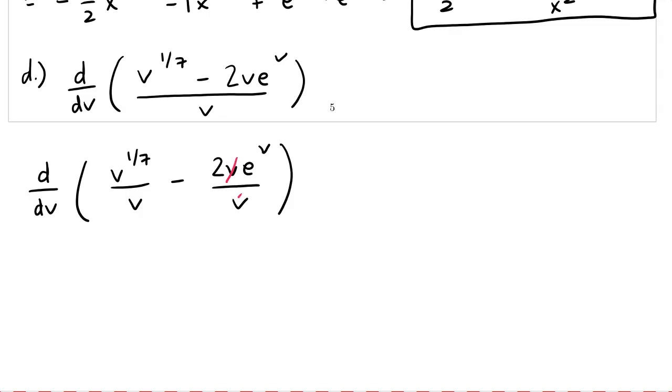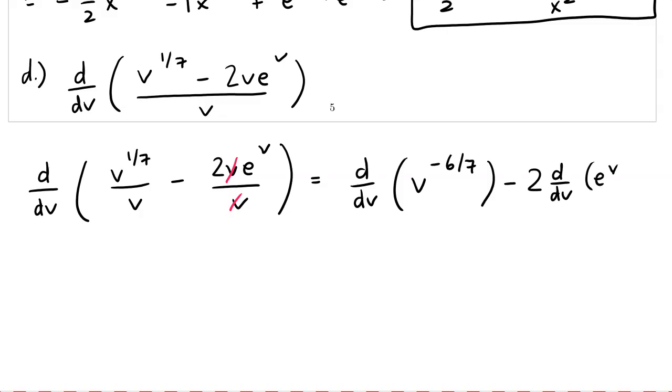In this second fraction, I can divide these v's out. And so this will give me, in the first fraction, I can do 1/7 minus 1, so that will be v to the negative 6/7 power, minus 2 times the derivative with respect to v of e to the power of v.